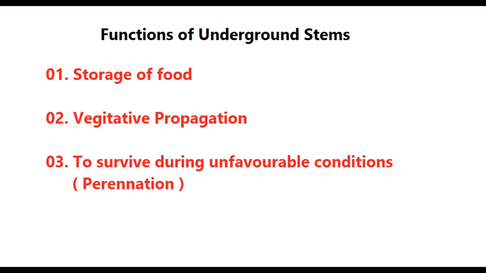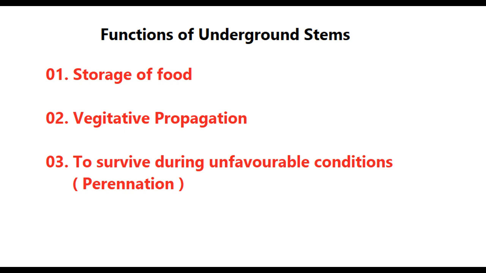But if a certain plant has an underground stem, even though the part above the soil dies because of drying off, the underground stem will remain inside the soil. So when the favorable season comes, this underground stem can again grow as a new plant. It means this is very important for survival of the plant during unfavorable environmental conditions.